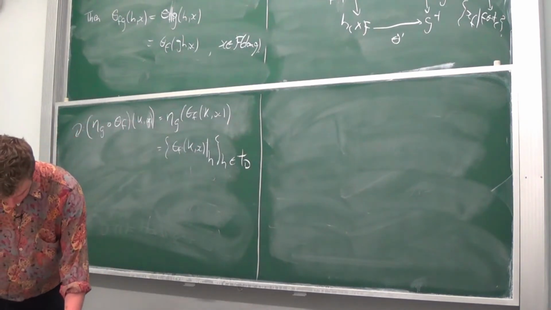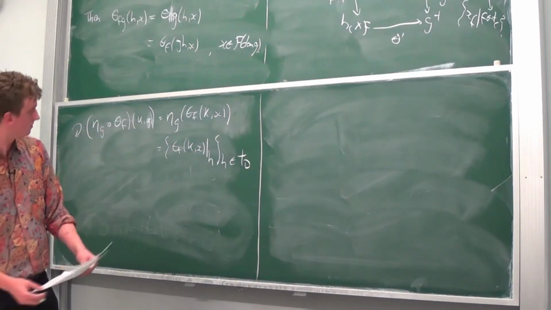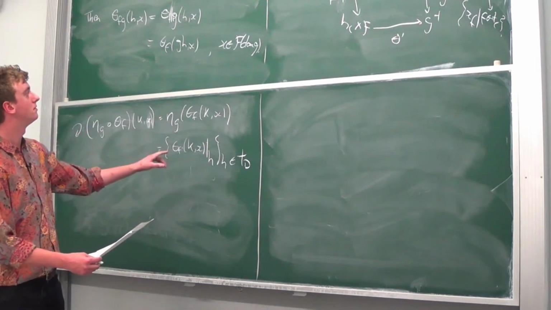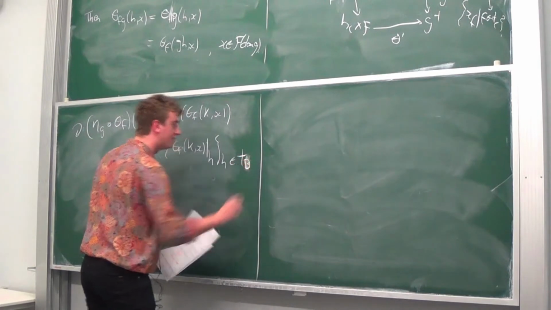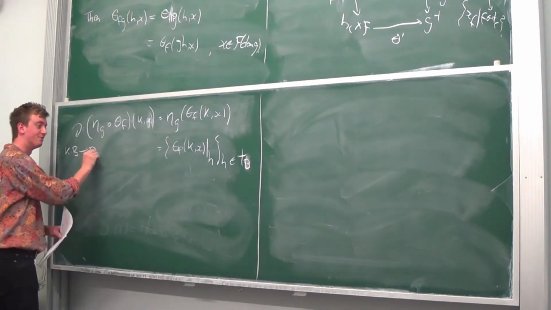Yes. Let me just check for a moment. T of B, where K was from B to D at the start.